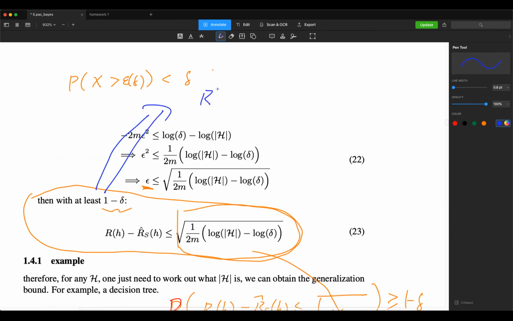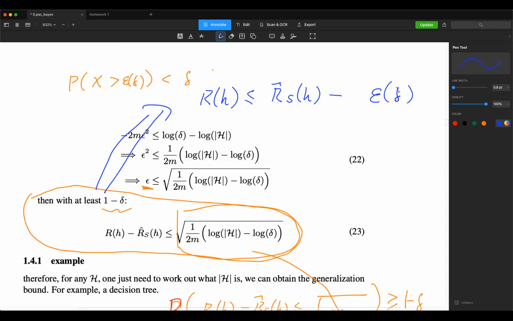So we have expected risk less than or equal to empirical risk plus some kind of quantity, epsilon of delta.